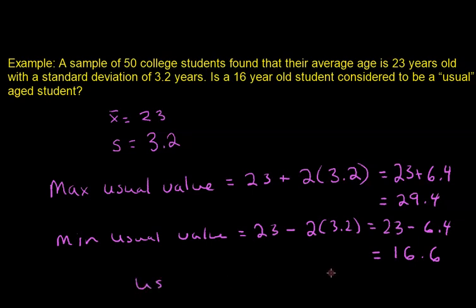So all the usual values are between 16.6 and 29.4. All the usual values are in this interval.